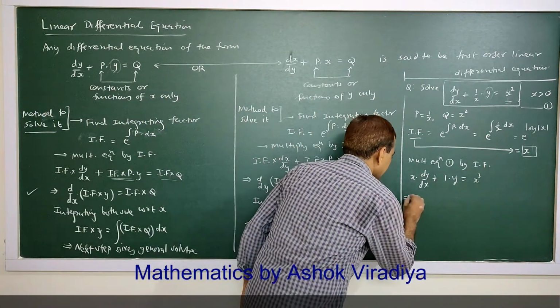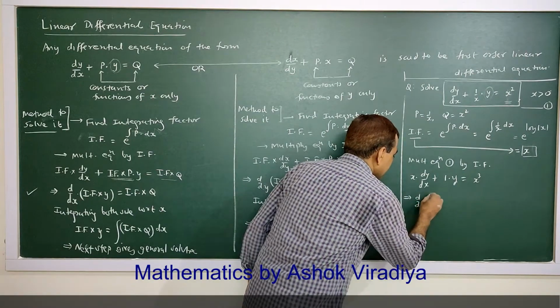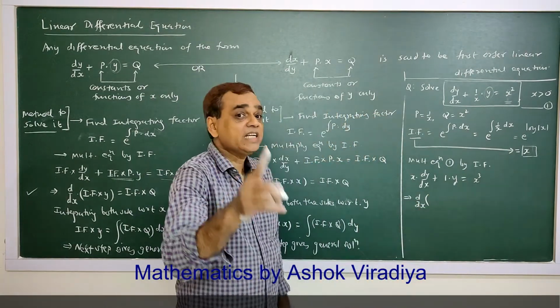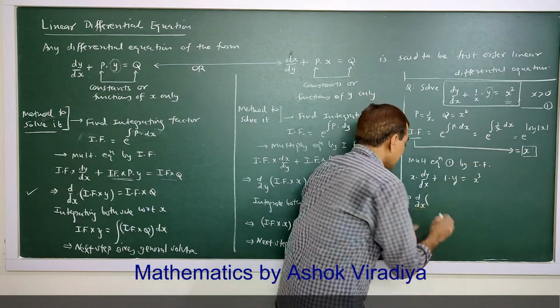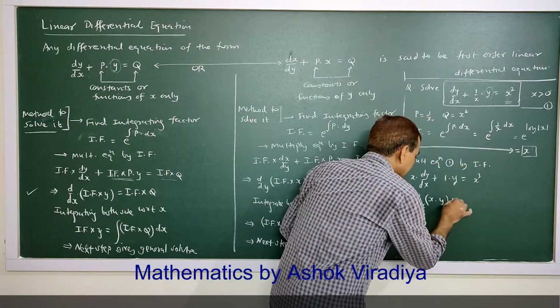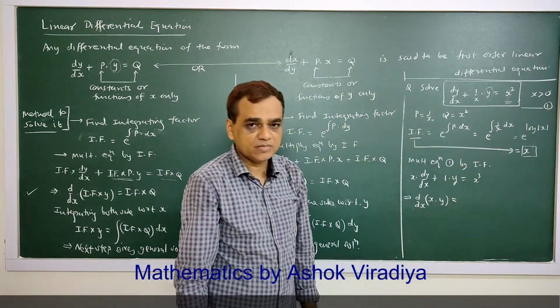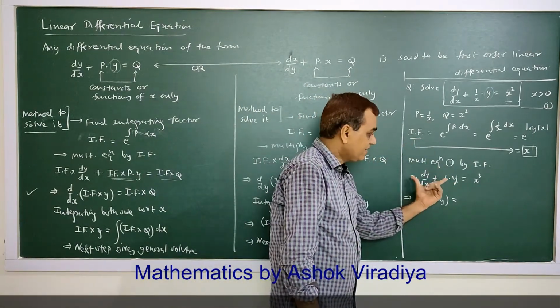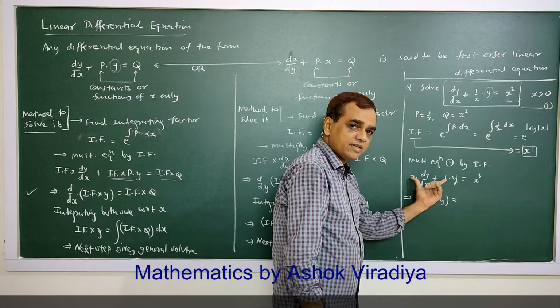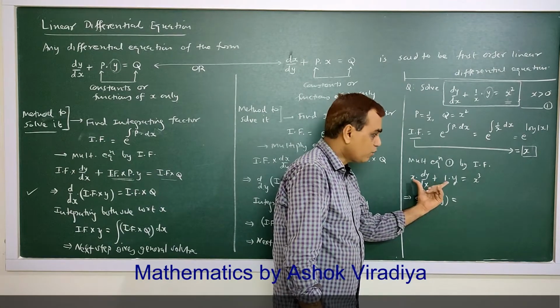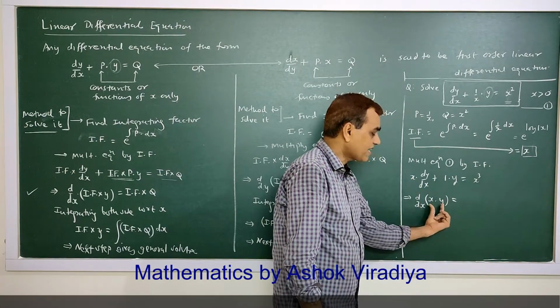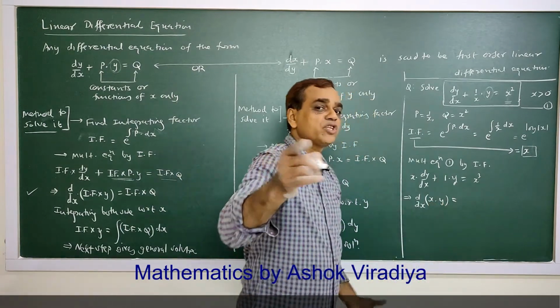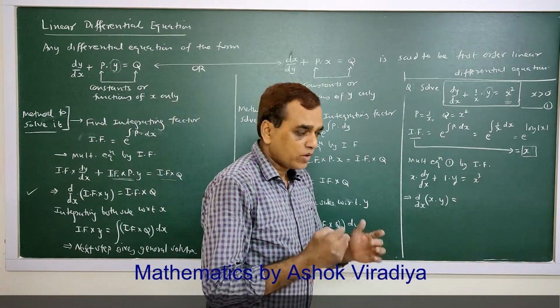Now next step, d by dx of integrating factor into y. In the previous step, the left hand side is nothing but the value of d by dx of x into y. In every question this will happen. You can verify.